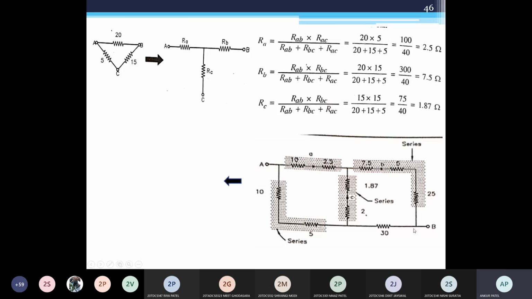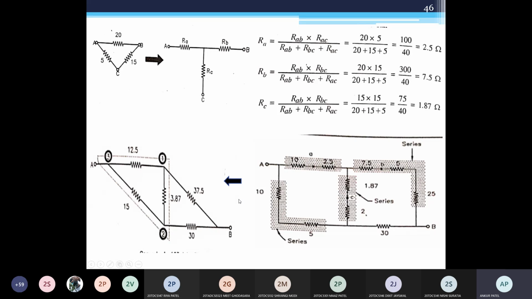This is not a series connection as point B is given here. So the circuit becomes like this: 12.5, 15, 3.87, 30.